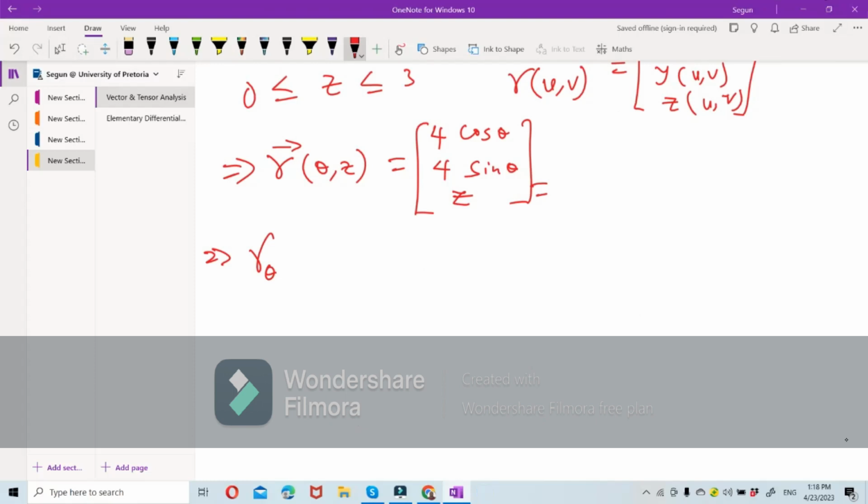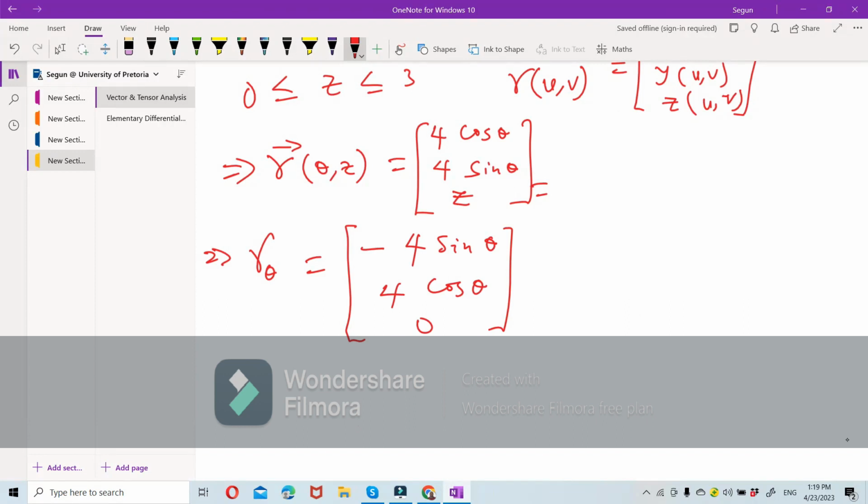That is, differentiate each of them with respect to theta, and we also differentiate with respect to z. So we differentiate with respect to theta, what do we have here? When you differentiate this with respect to theta, you have minus 4 sin theta, and this is 4 cos theta. This will be 0.